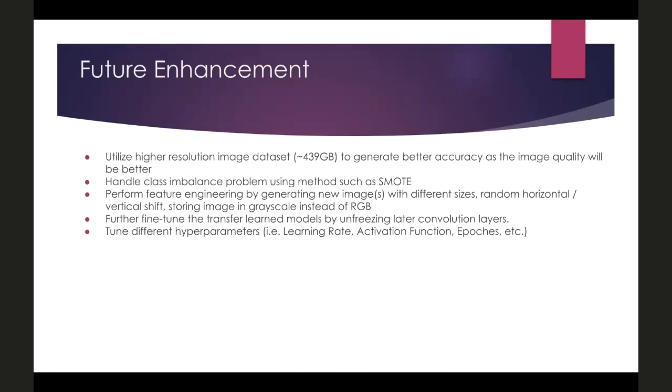Another important thing we will do in the future: we used transfer learning without training the actual convolutional base, but we intend to continue training the transfer learning model by unfreezing more later convolutional layers, in the hope that it helps improve the model. And lastly, work on fine-tuning hyperparameters like learning rate, activation function, and trying different epochs.